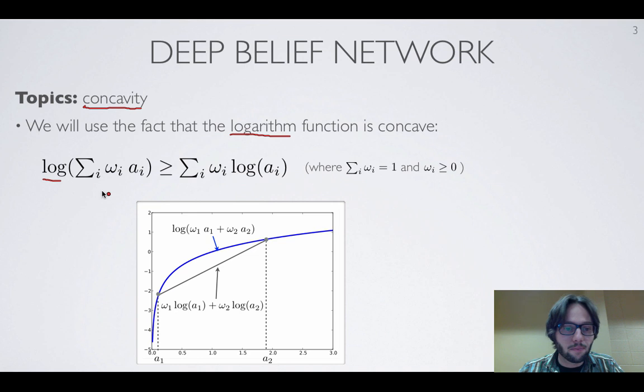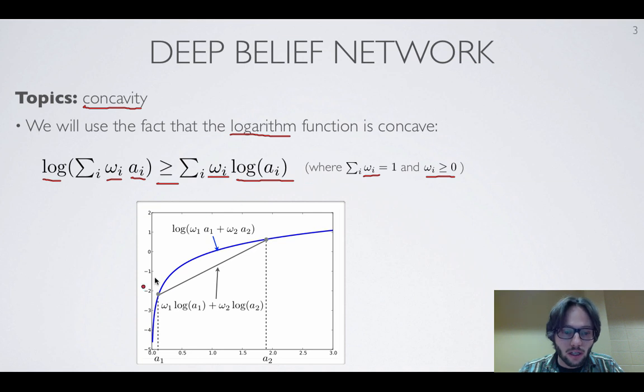If you take the log of a weighted average of some numbers a_i, where the weight of each a_i is omega_i, and the omega_i can be any weights as long as they're all greater than or equal to 0 and they sum to 1, so this is a weighted average of each of these numbers a_i. Well, the log of this weighted average, for a concave function, is always going to be greater than or equal to the same weighted average, but of the logarithm of the numbers a_i.